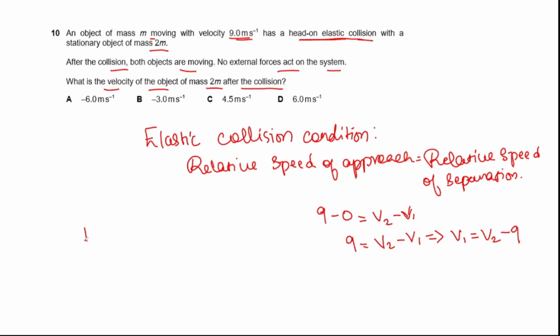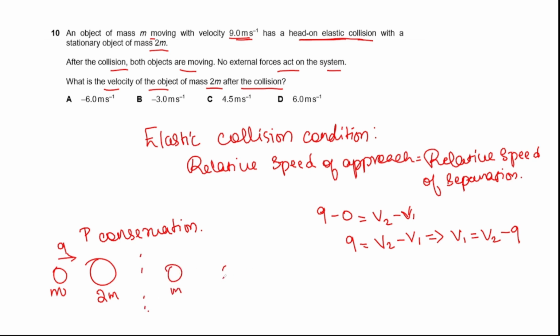Now let's consider the momentum conservation condition, because it's a collision. Definitely the momentum should be conserved. Initially the two masses are m and 2m. m is moving with velocity 9, the other object is stationary, and after the collision m is moving on one side and 2m is moving on the other side, with v1 and v2 velocities.